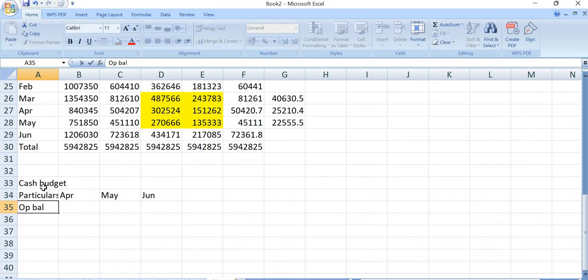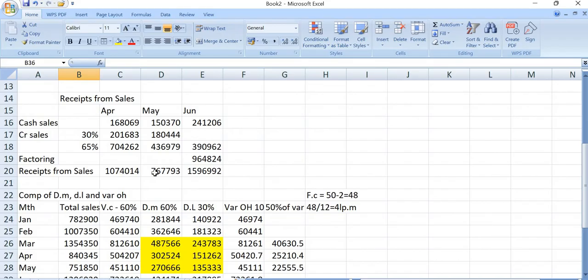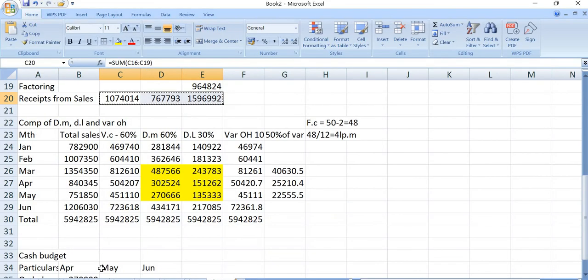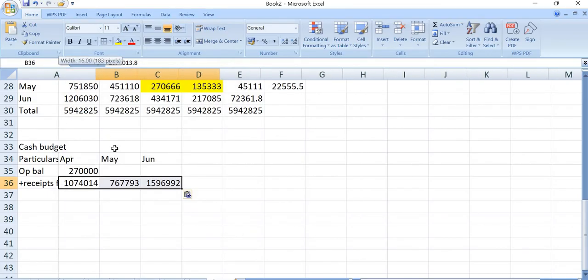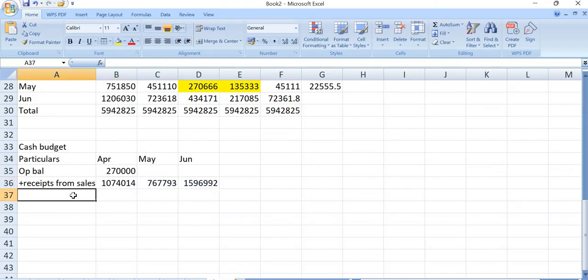So now I'm calculating cash budget. So particulars. So here opening balance, that is 2,70,000, they have given in question itself. So add receipts from sales.